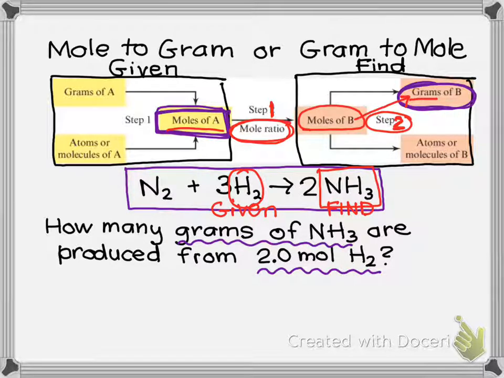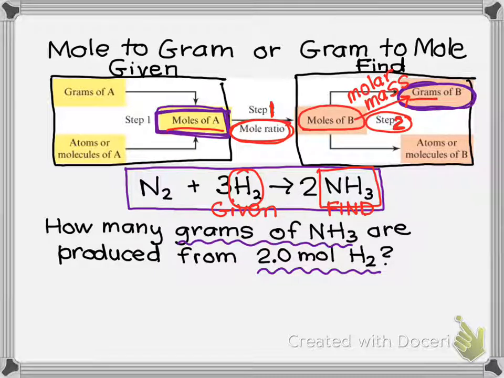To go from moles to grams, I use the molar mass. So this problem is going to take 2 steps. The first step is the mole ratio, because I was given moles, so I can use the mole ratio right away. And then the second step, to go from moles to grams, I need to use the molar mass.